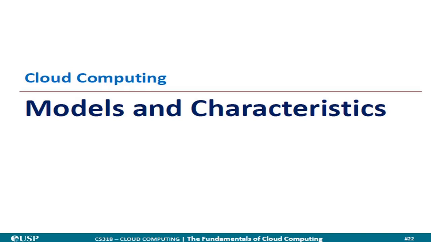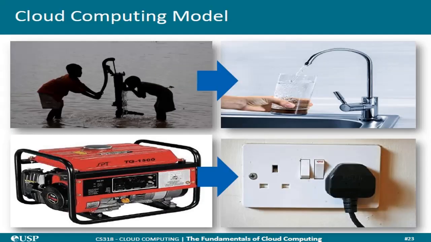Let's look at the models and characteristics of cloud computing. It's basically something like this: how to turn some resource, for example, drinking water, into a more user friendly, more convenient service that is way better than the primitive way of it, or something like electricity production, turning the old way into a way that is way more convenient.